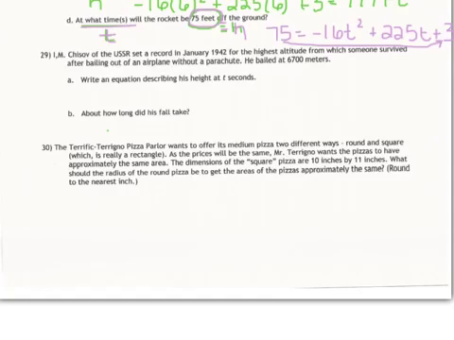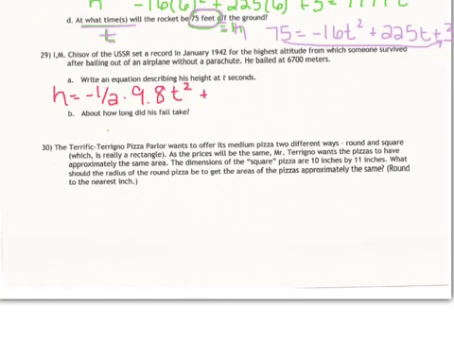Okay, so again, I'm going to use Newton here. So it's going to be negative 1/2 times g, which in this case, because I'm measuring in meters, I'm going to use 9.8 t squared.